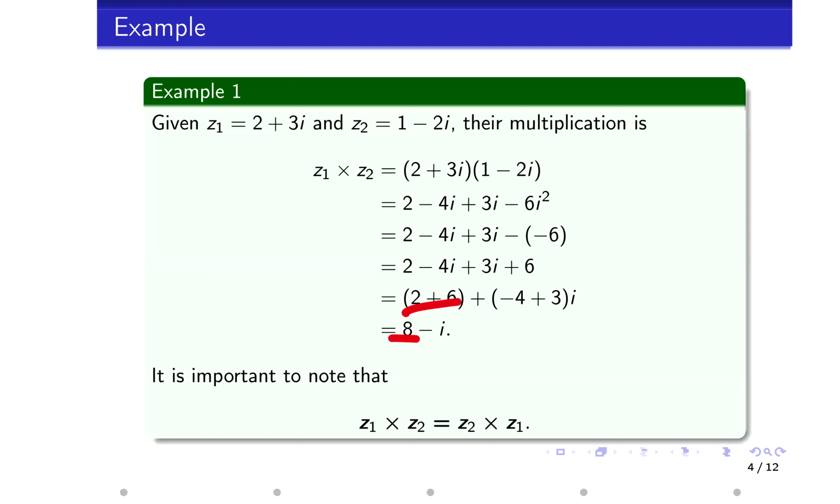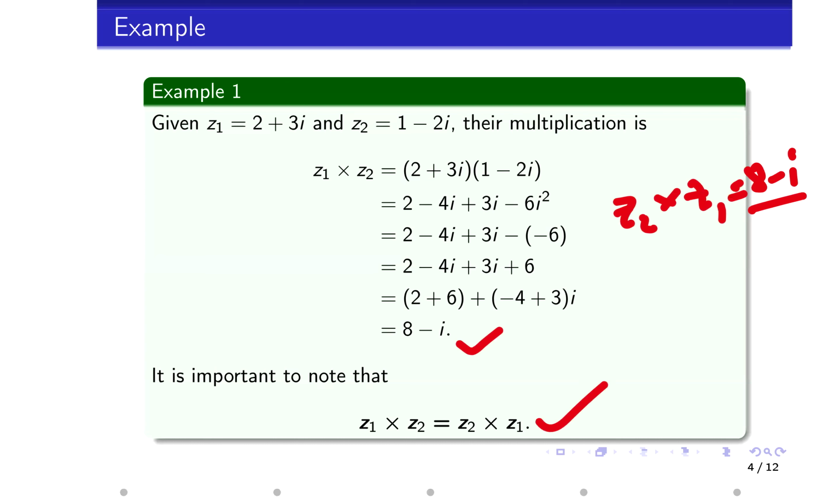If you do Z2 times Z1, you will get the same 8 minus i. And that is why this particular conclusion is reached. It is important to note that Z1 times Z2 is the same thing as Z2 times Z1. So you can say that even multiplication of complex numbers is commutative.